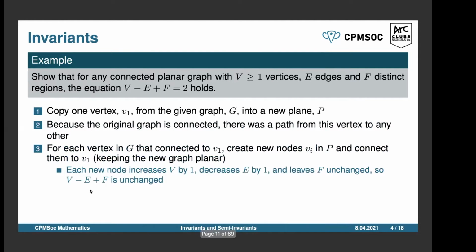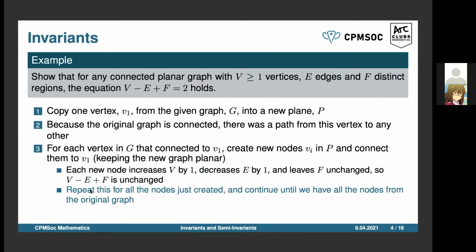Whenever you add a leaf to this tree, you're going to have one more vertex, one more edge, and you're not going to have any more regions because you're not splitting the plane at all. So under this particular transformation, V minus E plus F is invariant.